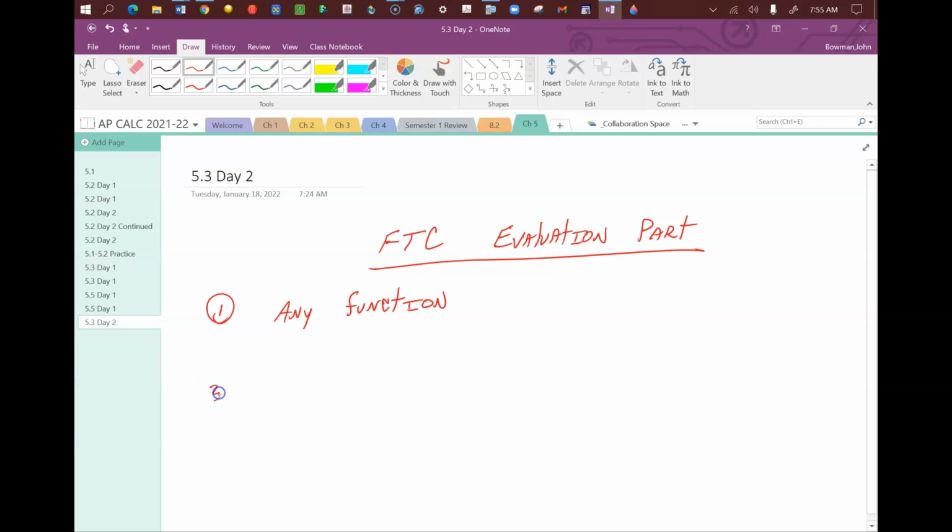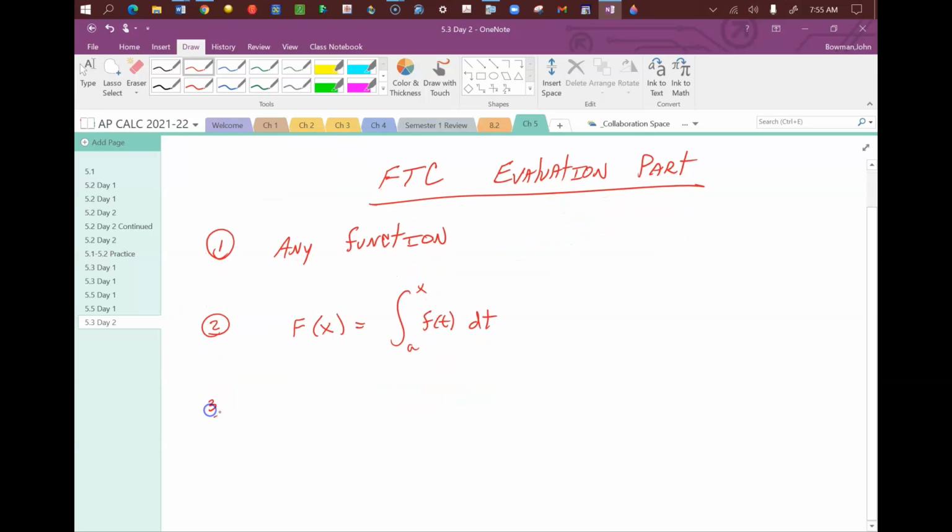So second, number 2, what did we just show? We defined capital F of x to be the integral from a to x of f of t dt. And we just showed that the derivative of capital F of x, which is the derivative of the integral from a to x of f of t dt, is equal to f of x.